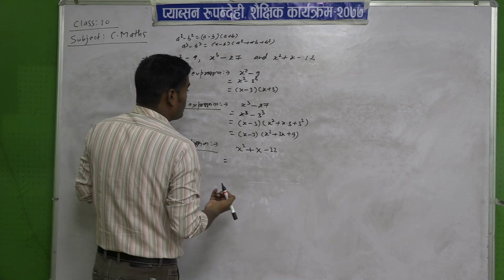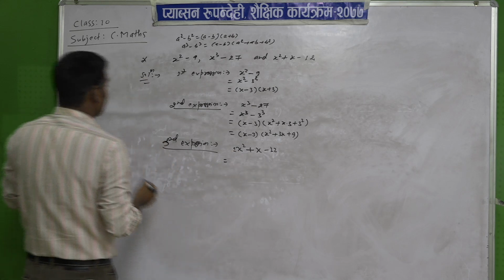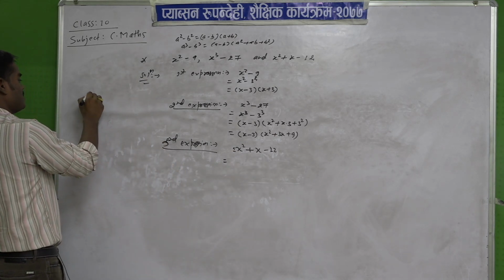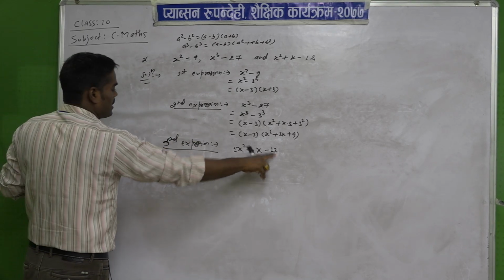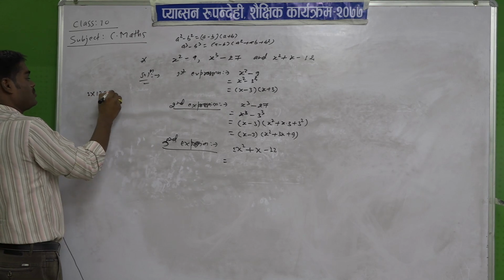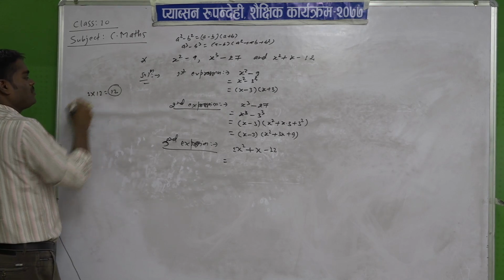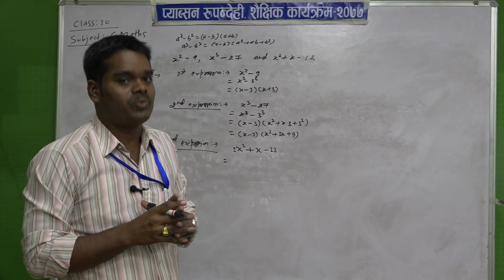So, what is the rule to factorize? First, what is the coefficient here? 1. So, first you have to multiply the coefficient of the first term and the last term. The coefficient of the first term is 1, and the last term means x power 0. The coefficient of x power 0 is 12. So, 1 times 12 is 12, and you have to find the possible factors of 12 in two parts.